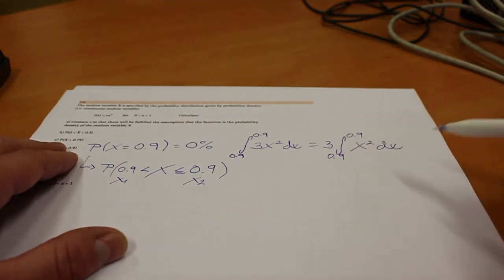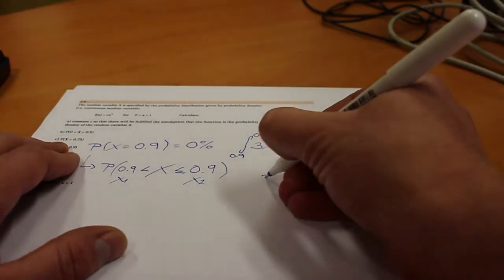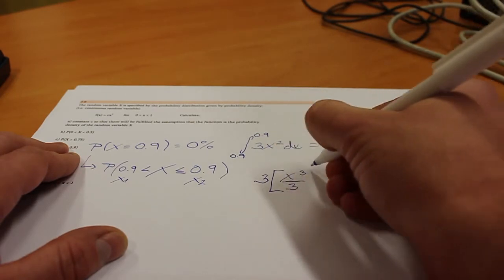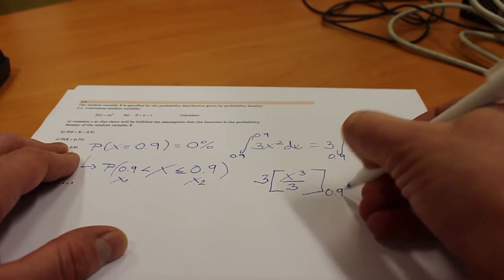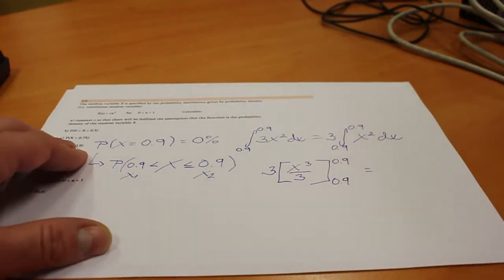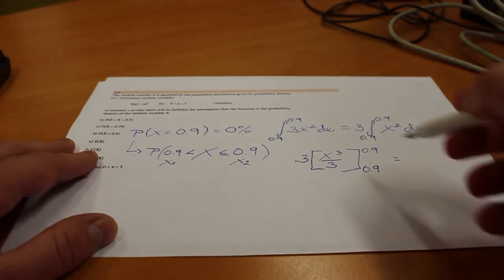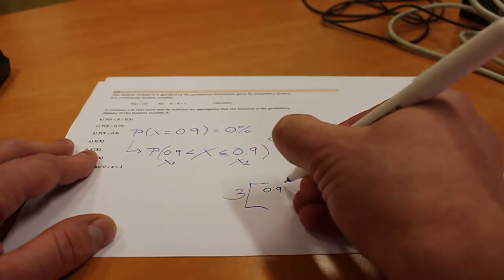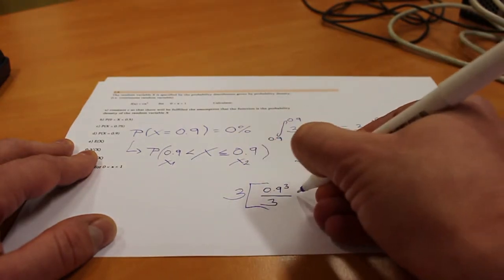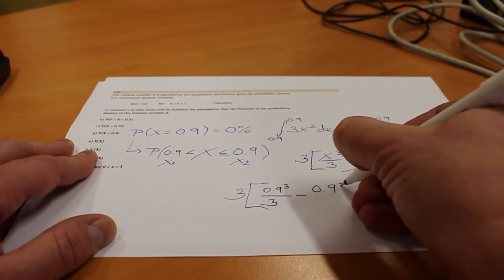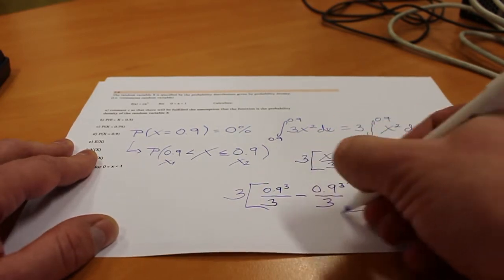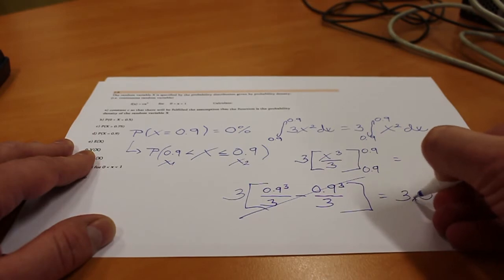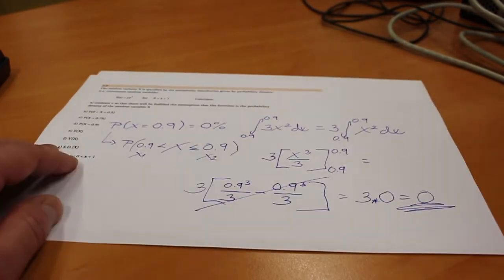This is a simple function which can already be integrated, so there will be 3 times the parenthesis x to the power of 3 divided by 3 with bounds 0.9 and 0.9. If you use the bounds, 3 times 0.9 to the power of 3 divided by 3 minus 0.9 to the power of 3 divided by 3 is 0. 3 times 0 is equal to 0, so 0% probability.